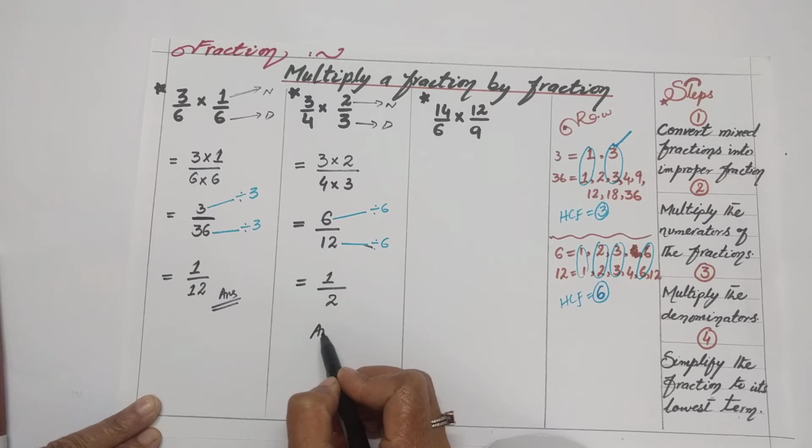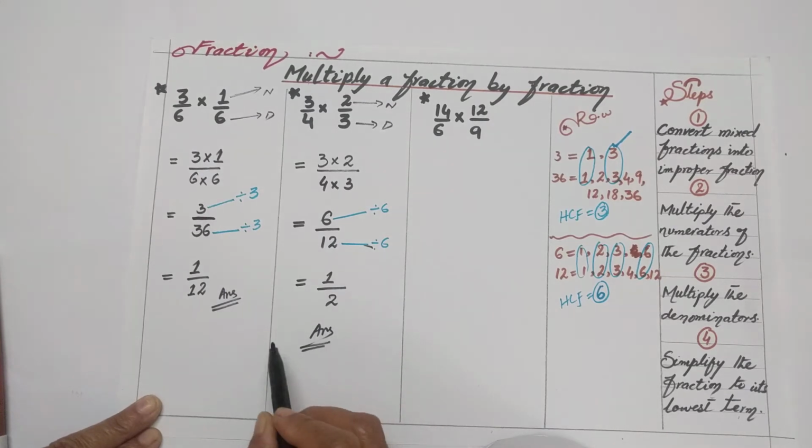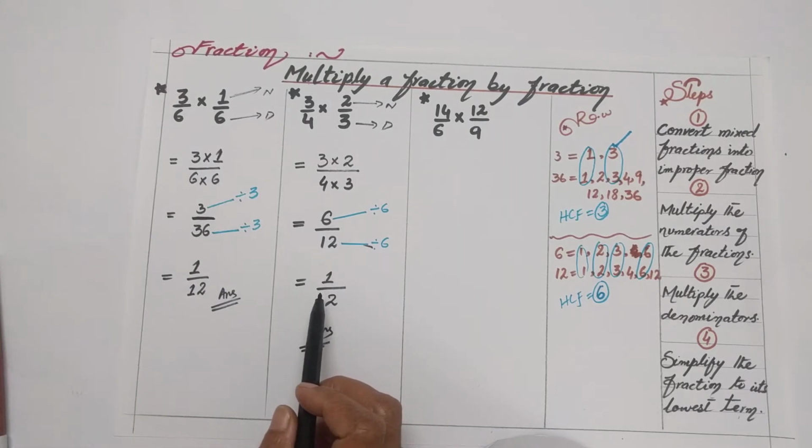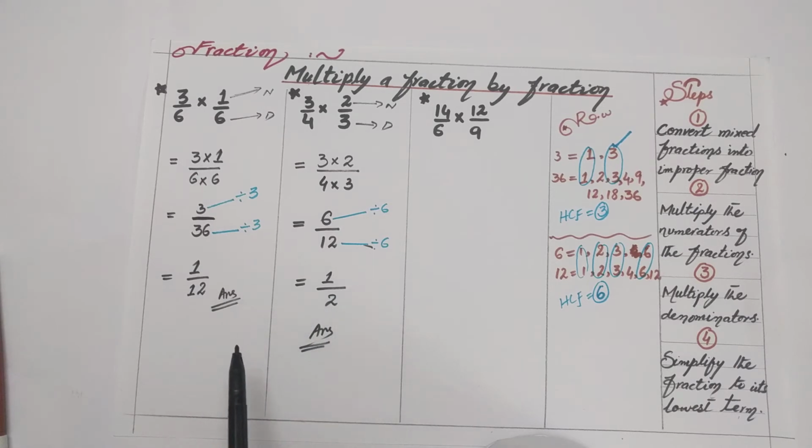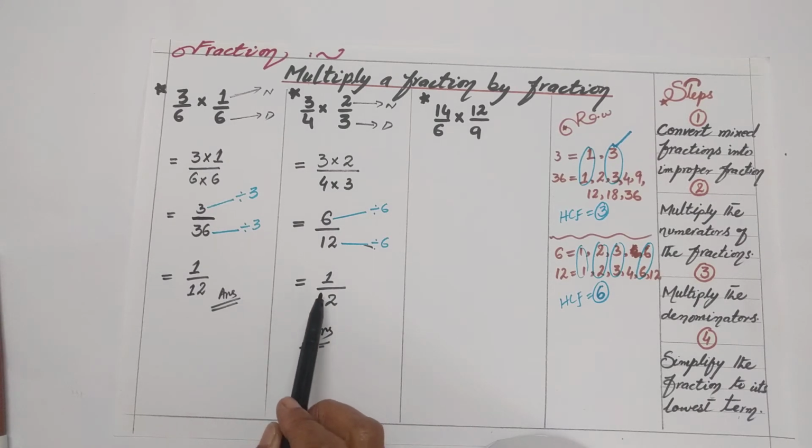It means 1 by 2 is in the form of the lowest term. Why is it the lowest form? Because 1 and 2 have only 1 as a common factor. That's why now this one is the lowest form of the fraction.